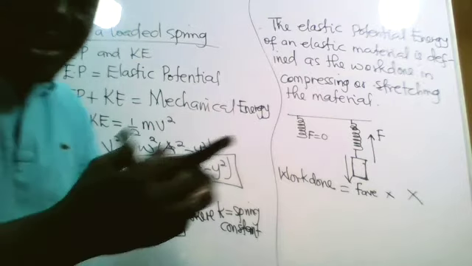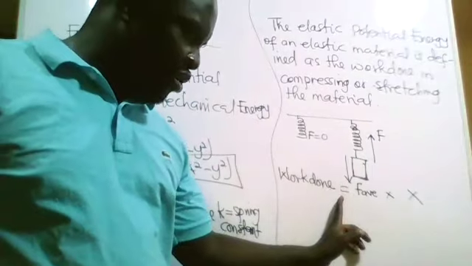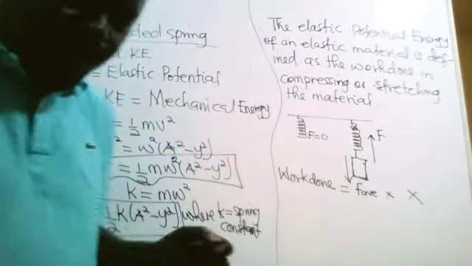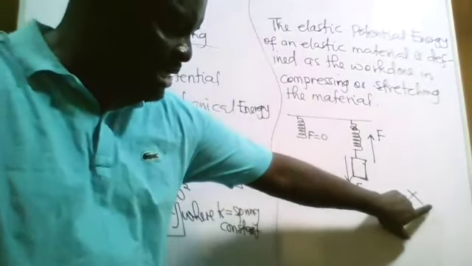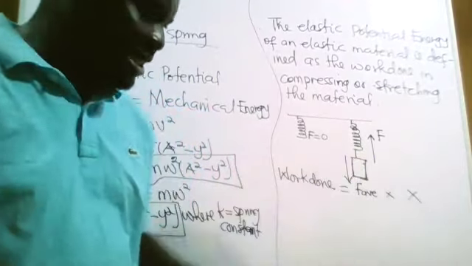So the work done here, which is the elastic potential energy possessed by the spring, is equal to the average force times the distance the load covers. The distance the load covers is the extension X.